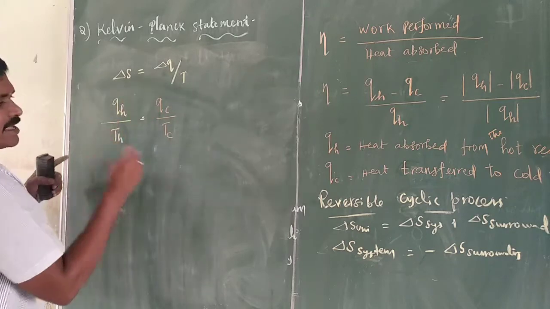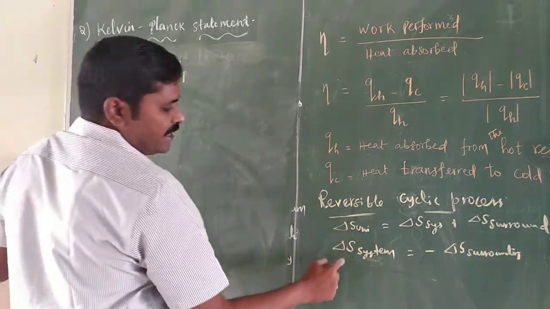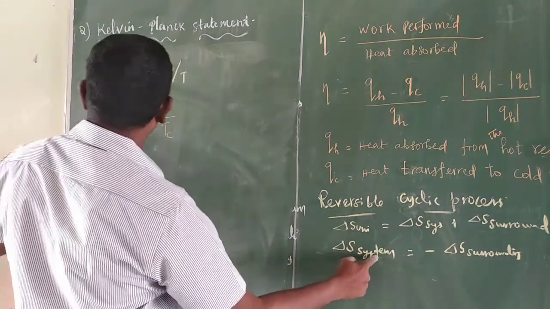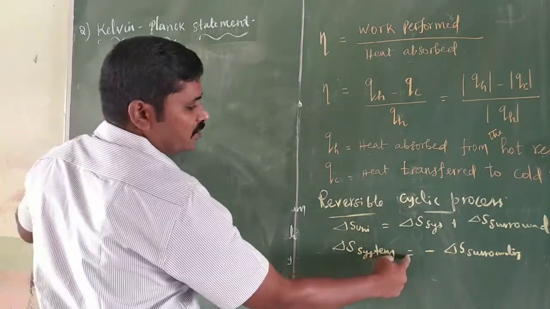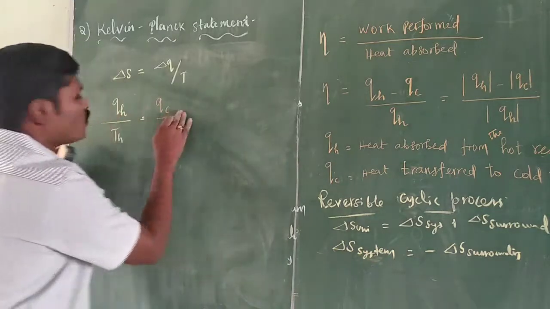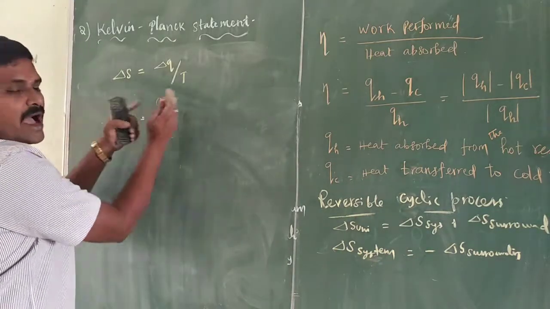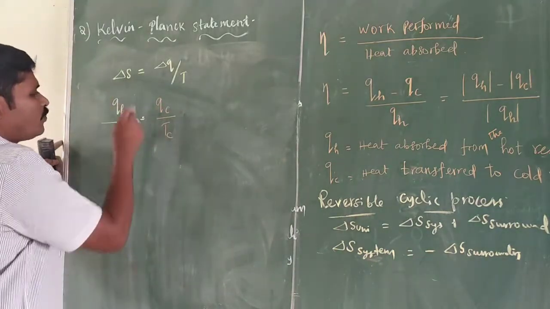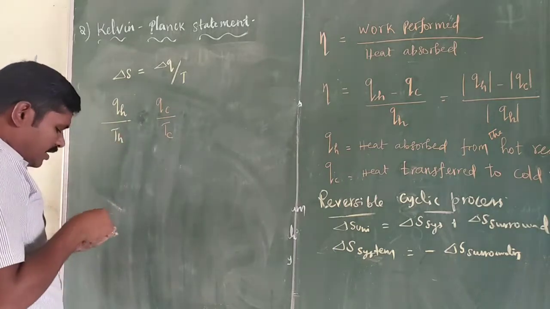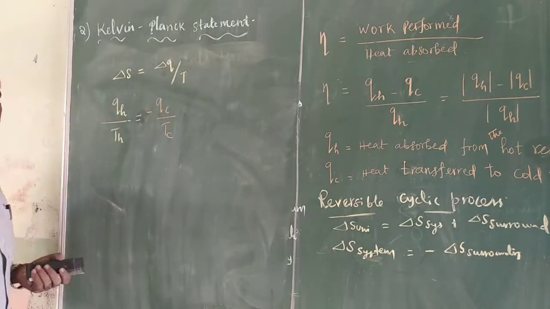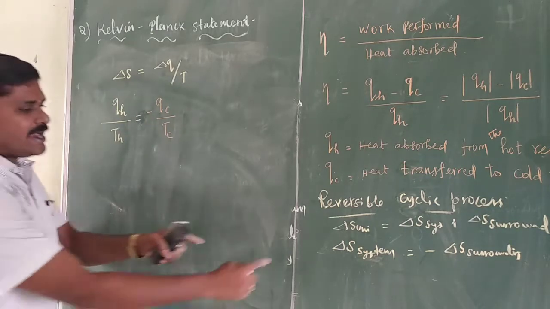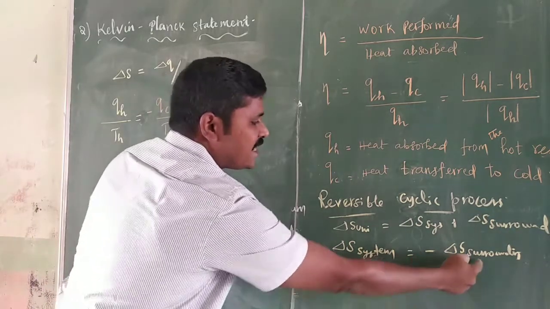So in a reversible process, del S system is equal to minus del S surrounding.